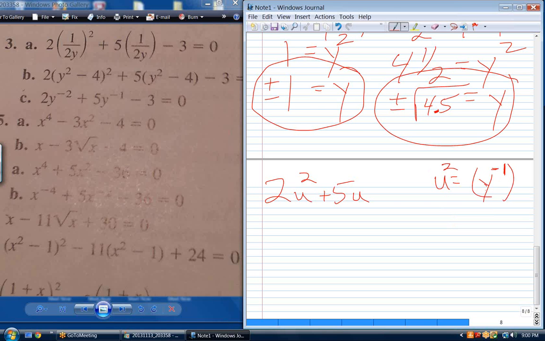When I square both sides, I get u squared equals y to the negative 2, which is what this is, y to the negative 2. So that's u squared. All right. Okay. So we get the same quadratic that we've been getting. We know how it factors.